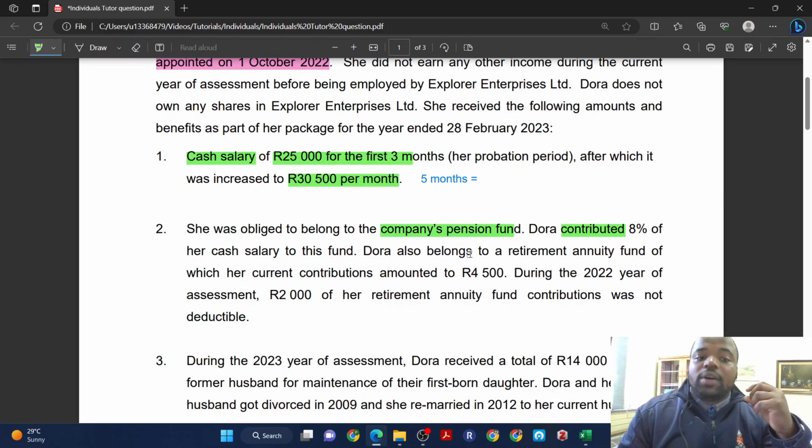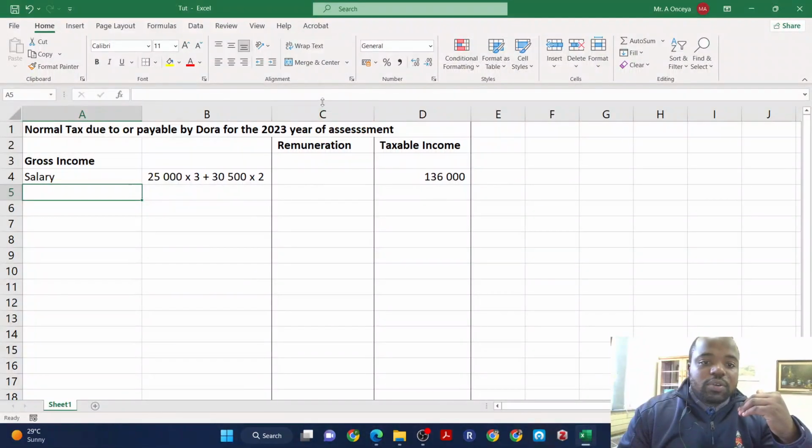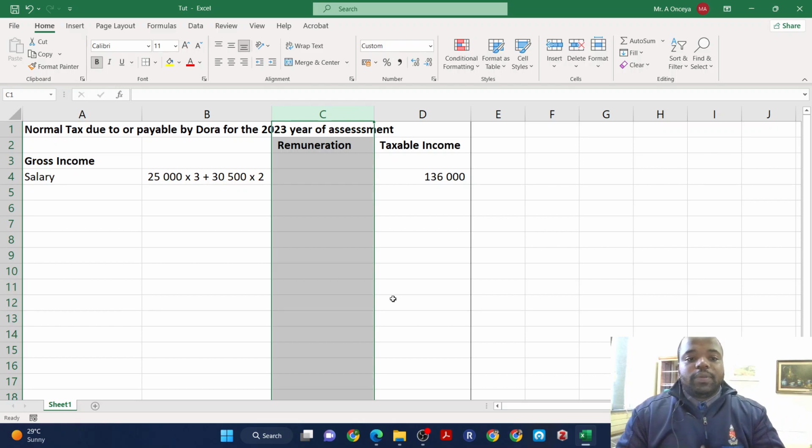Then you should know that I must have the remuneration column, which you see right here. The only time you need this column is when your taxpayer has made contributions towards retirement. Other than that, you do not need it, and you'll be wasting time if you do it.